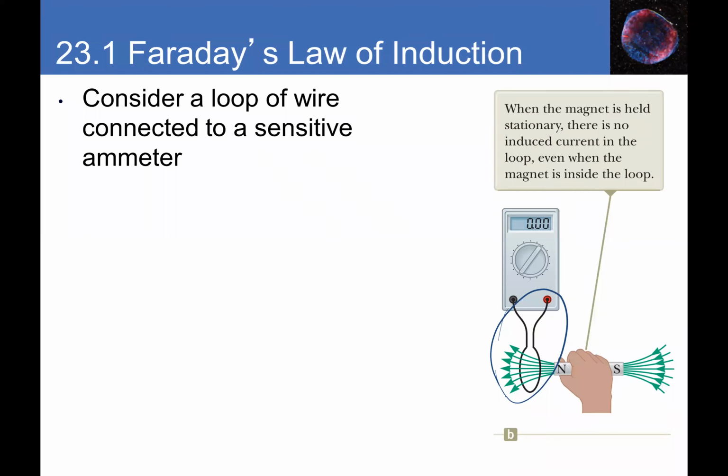It can only record the presence of a current. So for example, right now, imagine you didn't have this magnet at all. You connect this loop to the ammeter, right? The reading will be 0, because it's not connected to any power source, no battery, no power supplies, and there will be no current in that loop.